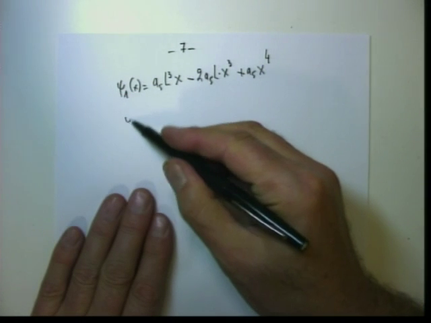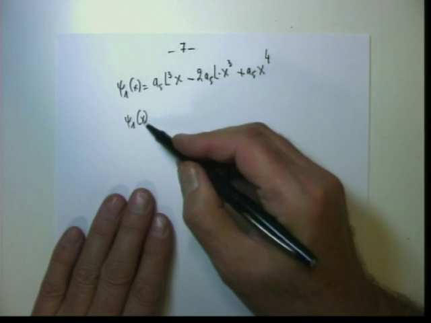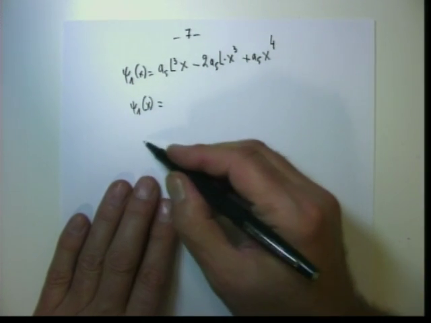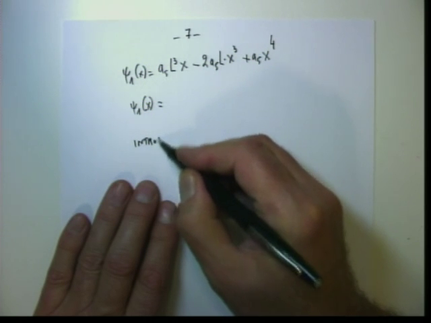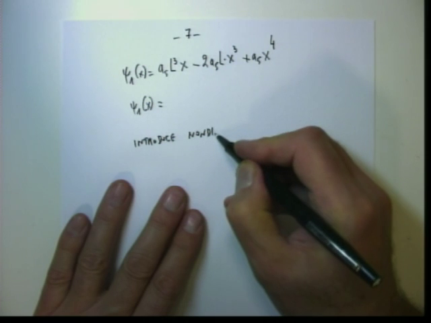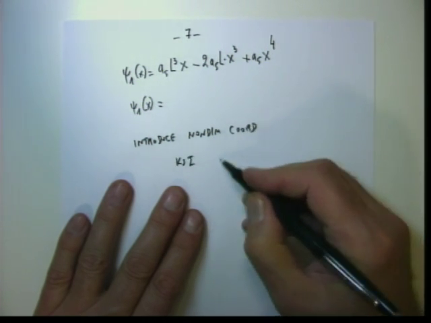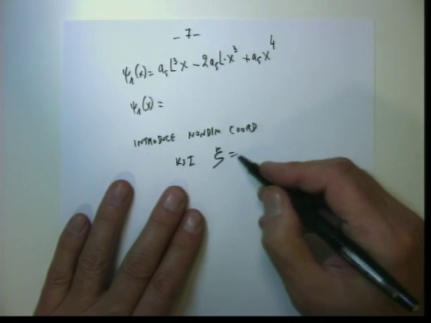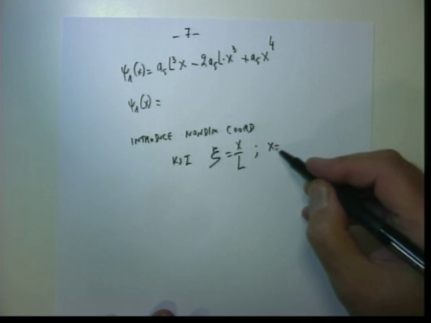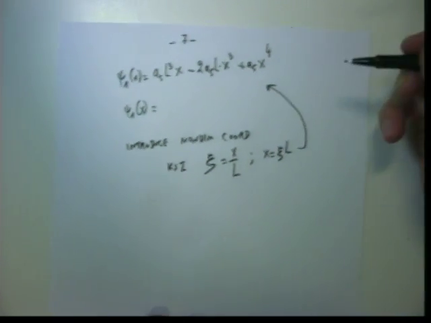Now this can actually be written differently. For psi 1 of x, I would like to introduce a non-dimensional coordinate xi, equals x over L. If that is the case, then x equals xi times L, and I substitute this here.